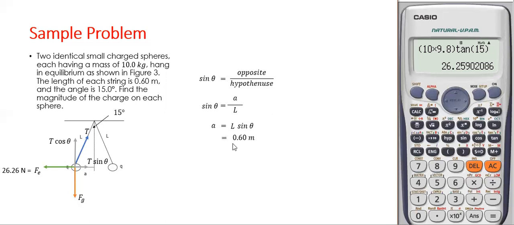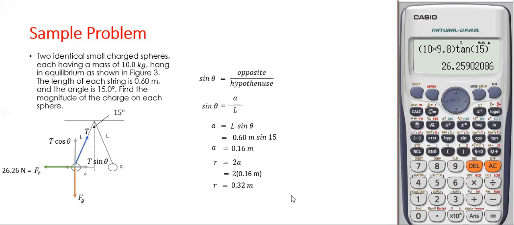The length of the string is 0.60 meters times sine 15 degrees. So, ang ating A is equal to 0.16 meters. Para makuha natin yung total distance ng dalawang charge, R is equal to 2A. So, we have 2 times 0.16. R is equal to 0.32 meters.